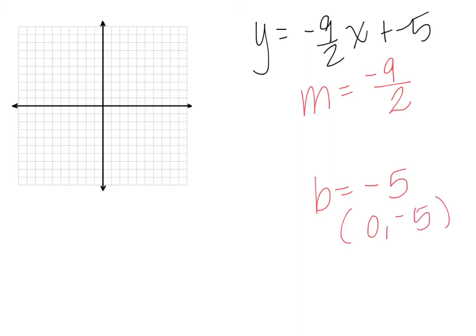I want you to see if you can graph the first thing on your own. Alright, so you should have graphed b first, so you should have started at 0 and gone down 5. So I'm right here. Now again, my slope is negative. So in this case, it's going to be really hard for me to move down in a negative direction. So instead, I'm going to move up 9.